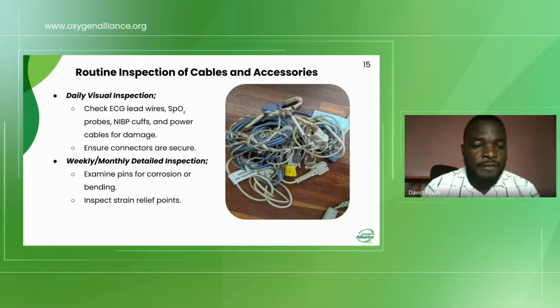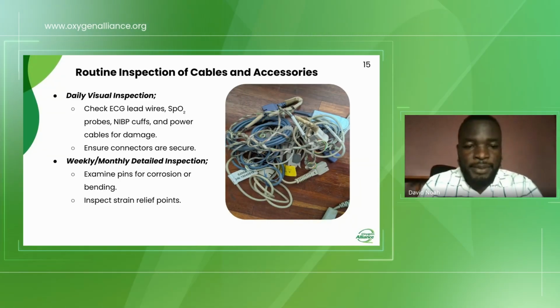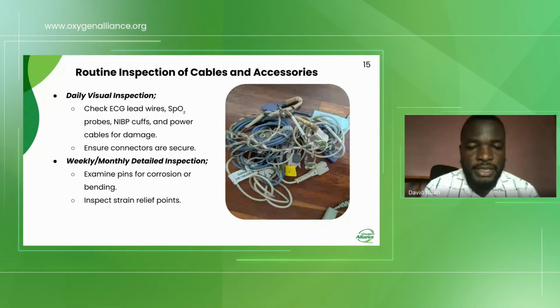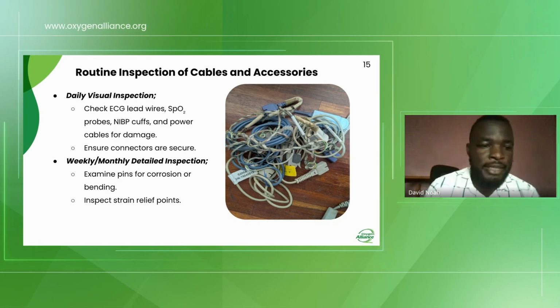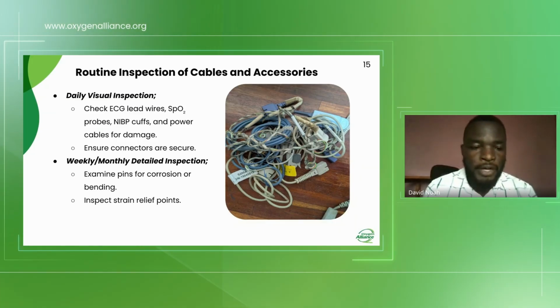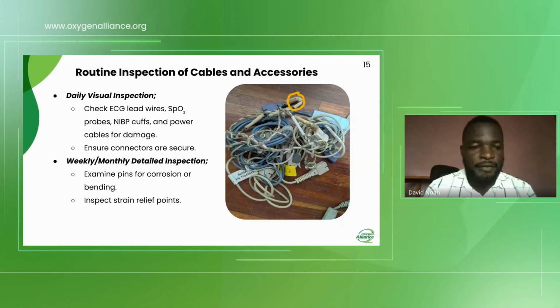You also have to ensure that the connectors are secure. You can see from the picture that the cables are exposed and most of them are badly damaged. This is mainly because of poor handling of these cables, which happens in different facilities.